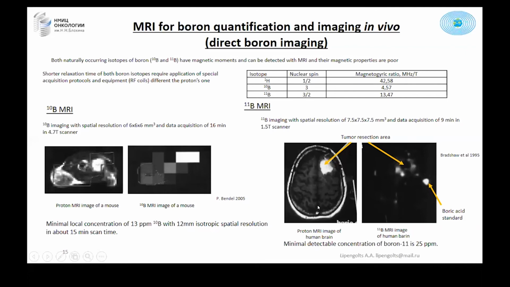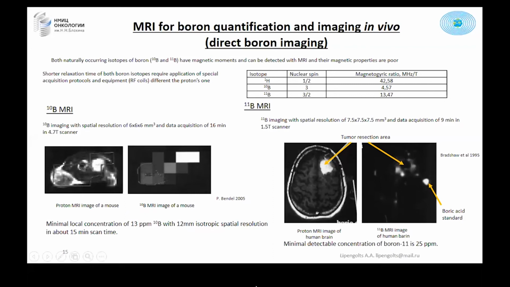The authors decided that boron-11 can be imaged with this equipment starting from 25 ppm. That is not an ideal value for BNCT. However, it can definitely reveal the therapeutically significant amounts of boron in normal and tumor tissues.